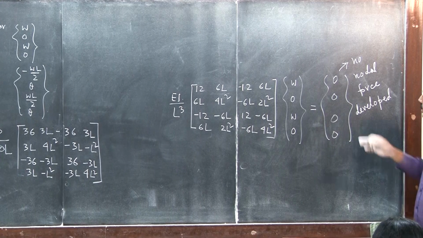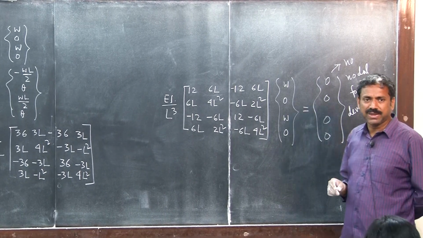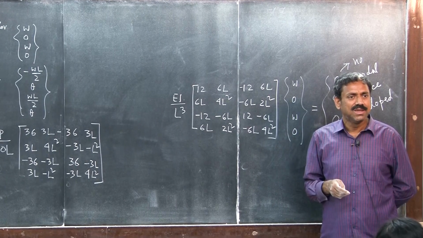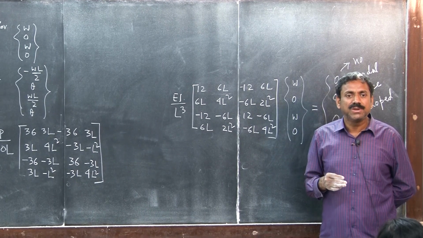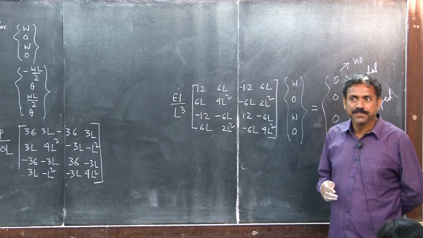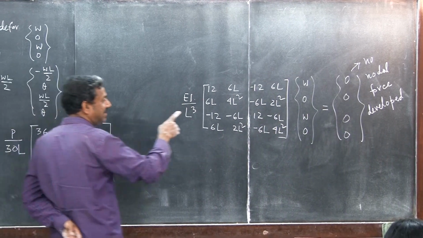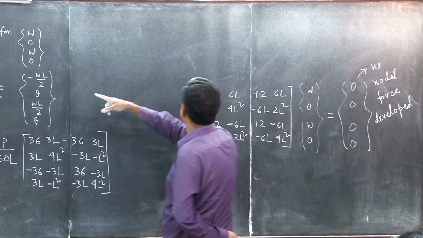No nodal force developed, because in rigid body deformation there shouldn't be any force developed, right? The force must be developing due to elastic deformation. Now you come here. Okay, this is for this one. What about this one?